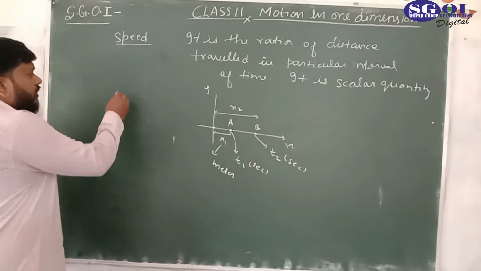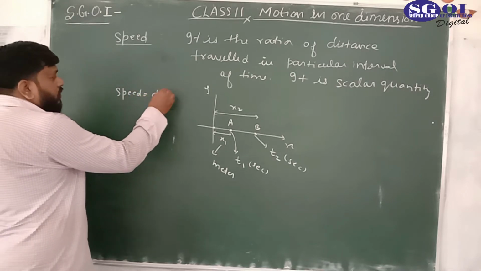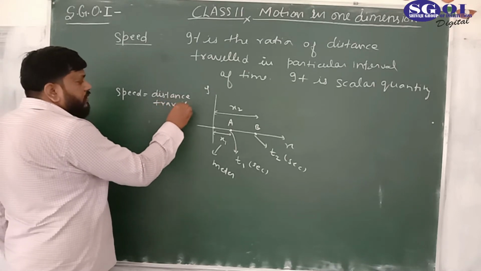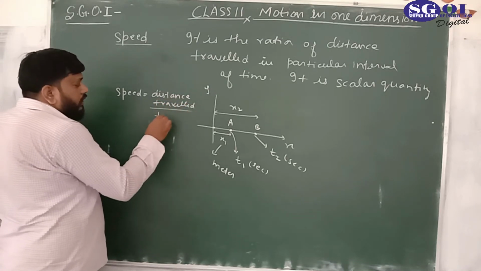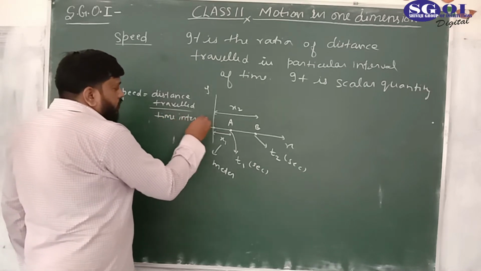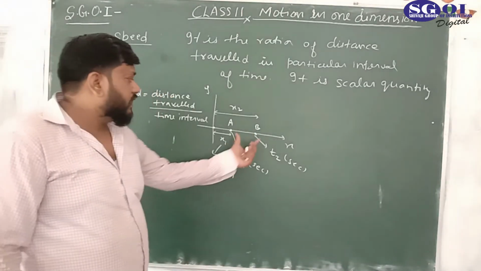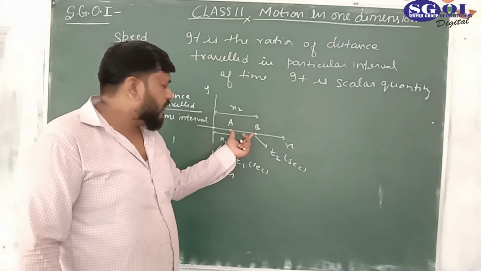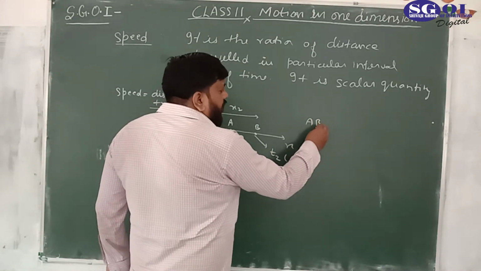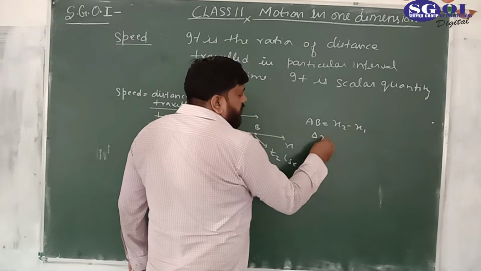So what is the speed? Speed is distance traveled upon time interval. Here the distance traveled by the object is AB, shown by the length of the line segment AB. AB equals x2 minus x1, which we can call delta x.